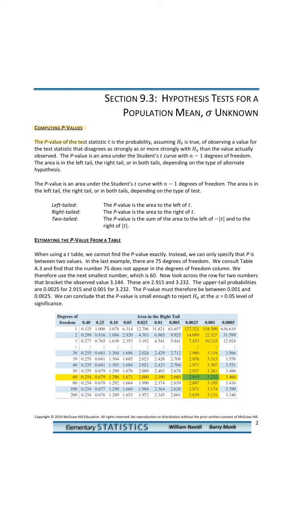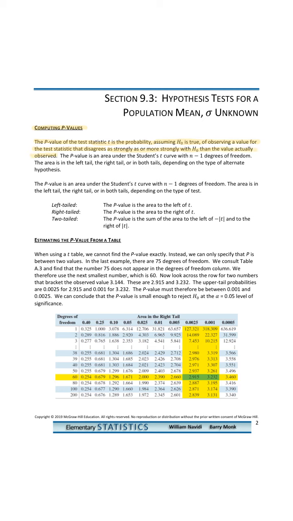The p-value of a test statistic t is the probability, assuming the null hypothesis is true, of observing a value for the test statistic that disagrees more strongly with the null hypothesis than the value actually observed.